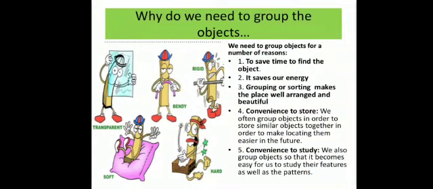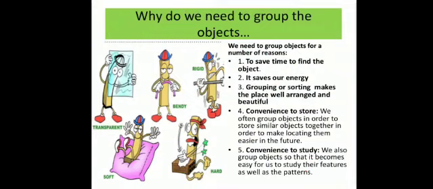For example, if we ask the shopkeeper for a particular brand of soap, then the shopkeeper goes to the shelf containing soaps only and takes out the required soap from it. We say that the shopkeeper has arranged the various objects into groups, or that he has classified the objects. However, if objects like soap, biscuits, pulses, spices, and chocolates are all mixed up in the shop, then what will happen?